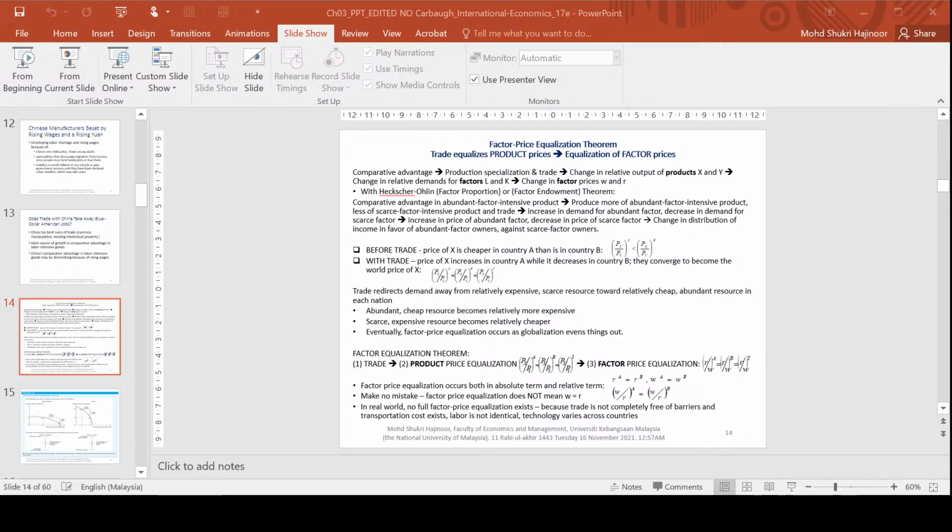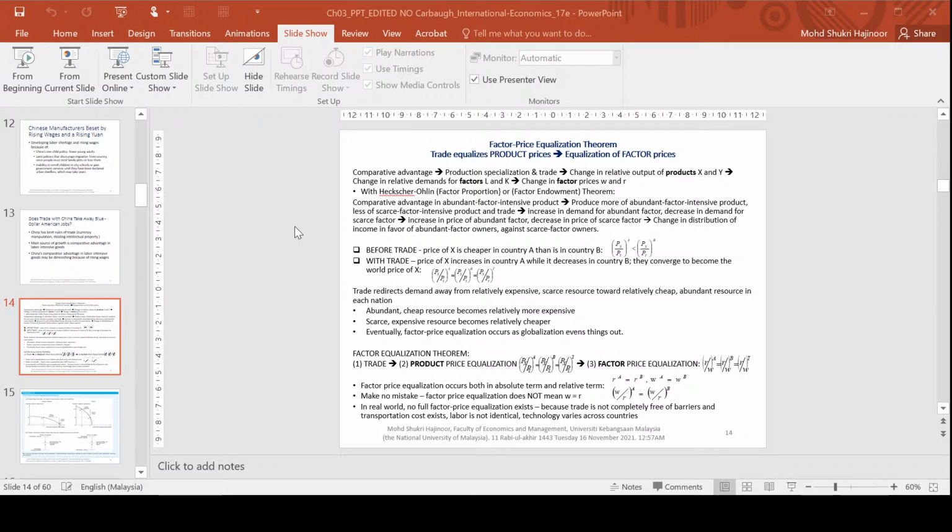Trade changes the mix of factors used in production. You know from the picture already, the US will specialize in aircraft. China specializes in textile. So trade promotes factor prices moving into equality across countries.